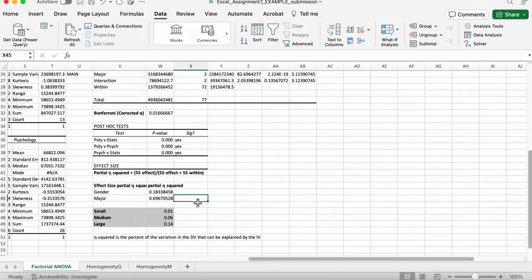So, for example, if this is a salary study between majors and gender, the difference between major, like political science versus stats versus psych, is saying there's a big difference. But in reality, you're going to expect some differences, right?